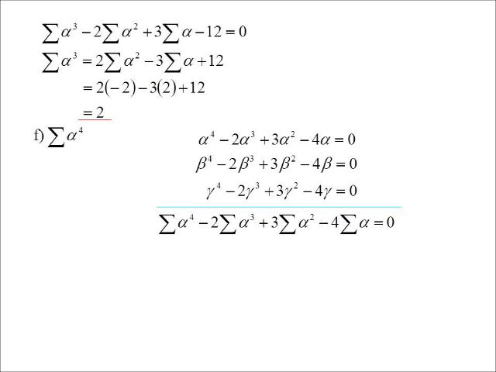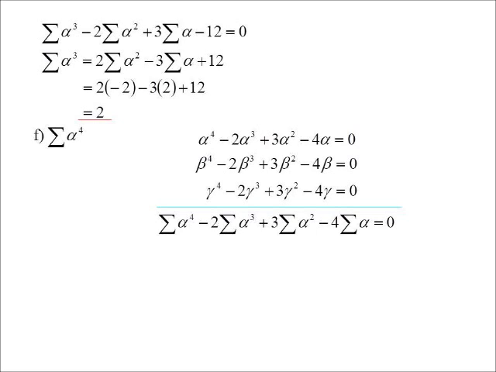All I've got to do is mimic the equation and just add on the appropriate number to the power that I need. So if they wanted alpha to the power of 5, then I could write down, oh, well, I know that's going to be sigma alpha 5 minus 2 times sigma alpha 4 plus 3 times sigma alpha cubed minus 4 times sigma alpha squared. It just mimics the actual equation.